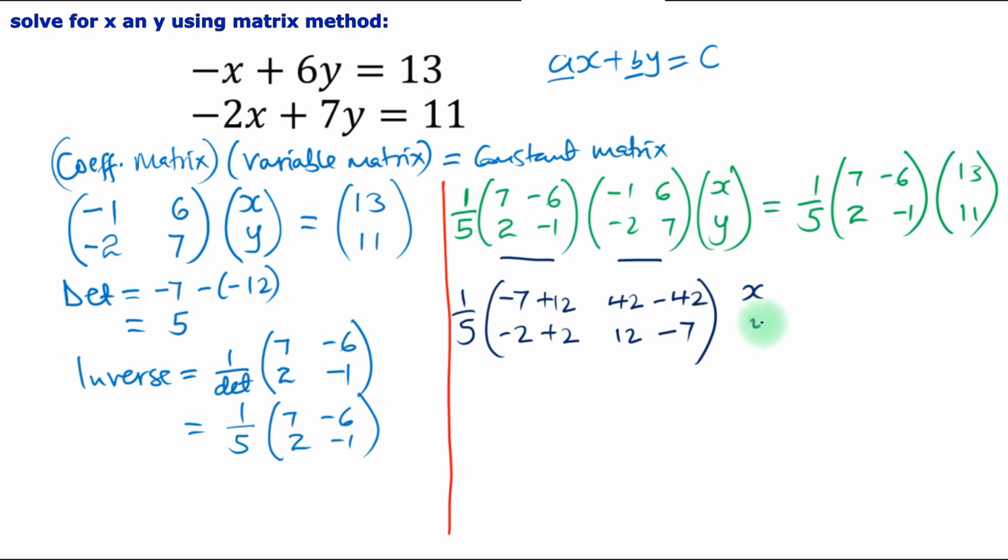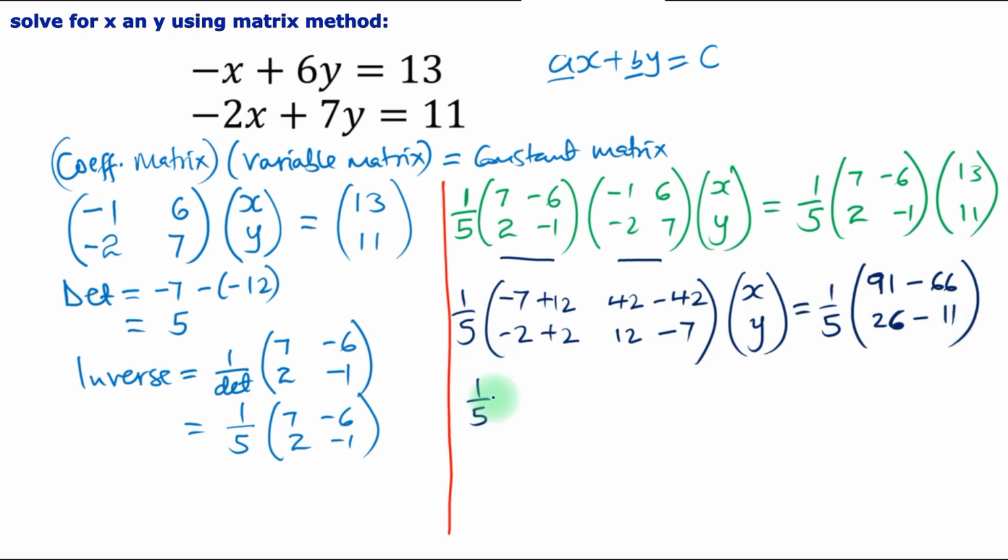Then we have x, y equal to 1 over 5, so 7 times 13, that will be 91, plus minus 6 times 11, so that will be minus 66. Then 2 times 13, that is 26, plus minus 1 times 11, minus 11. So we move on, this will be 1 over 5.